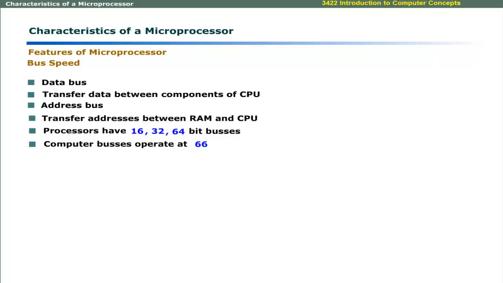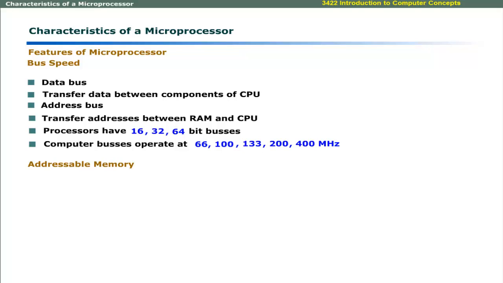These operate at 66, 100, 133, 200 or up to 400 megahertz. The next feature of microprocessor is its addressable memory. The figure shows a comparison between processor addressable memories.